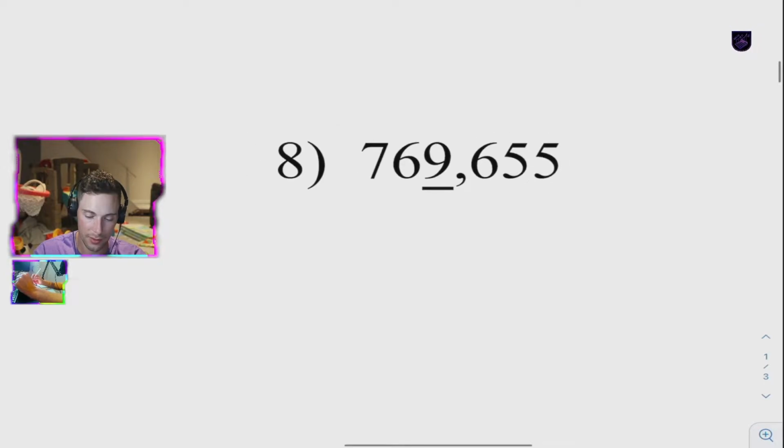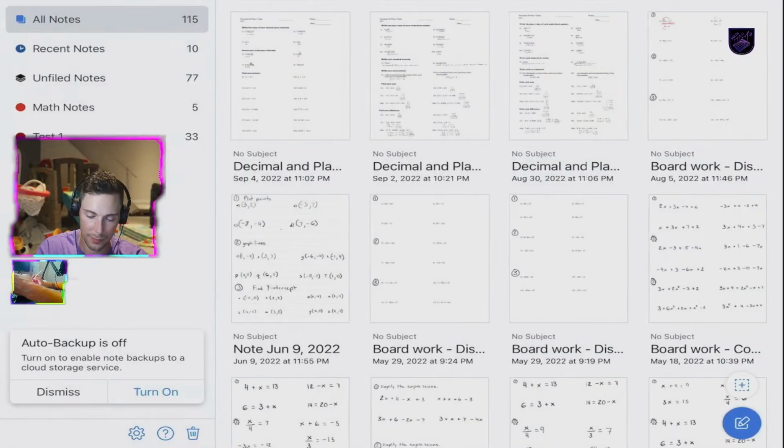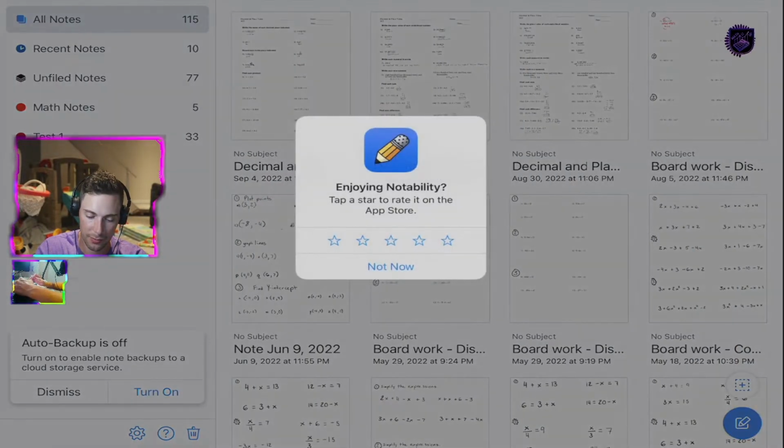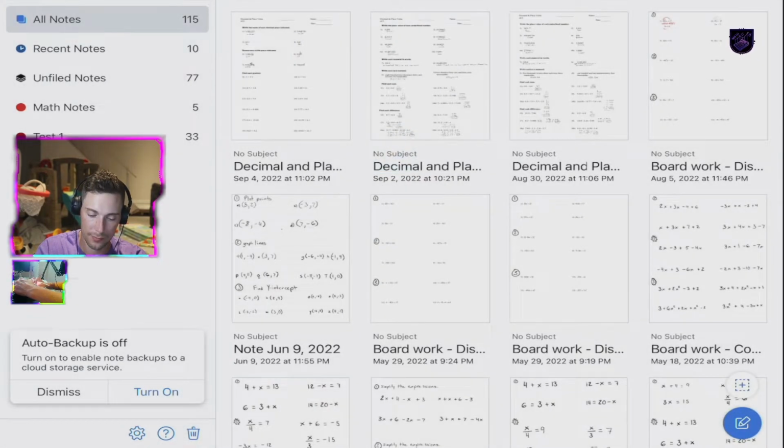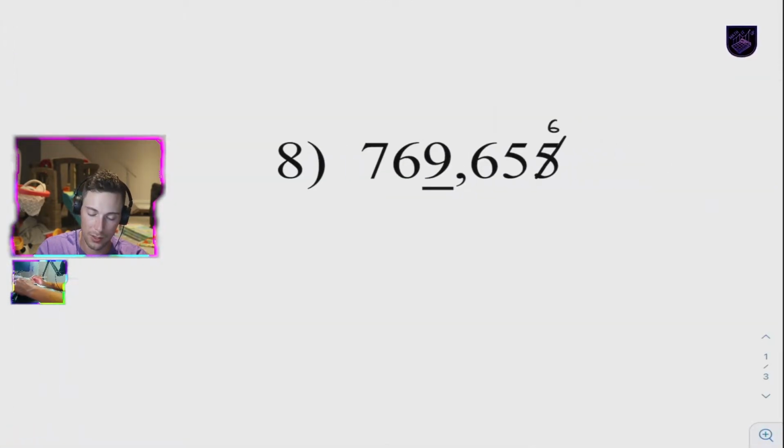Rounding to this one. Okay, this is a good one too. So we're rounding to the thousands mark. So this 5 would round up to a 6, which of, wow. Sorry. Oh my goodness, what did I just do? Okay. So this 5 would round up. I'm not going to say 6.